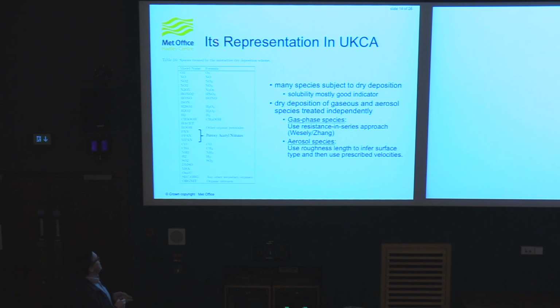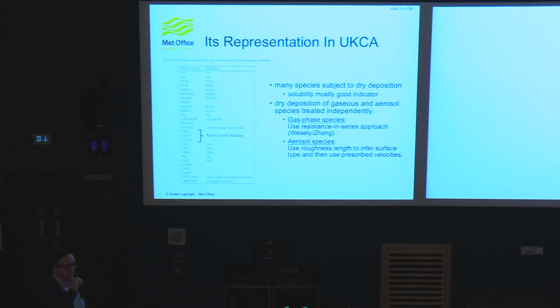So many species in UKCA are actually subject to dry deposition. And we use, as almost every other model, the Wesley approach, which is the resistance in series approach that I've explained before.